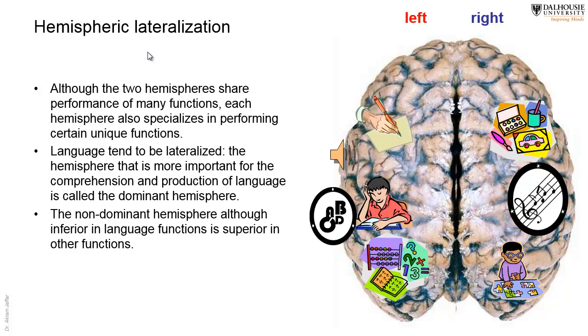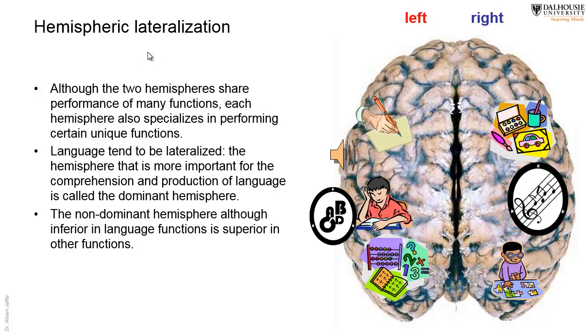This is not true, because both hemispheres have common functions, but each hemisphere is unique in certain functions. It just happened that the dominant hemisphere was named so because it contains the speech areas, Broca's area and Wernicke's area, while they are not located on the other side.